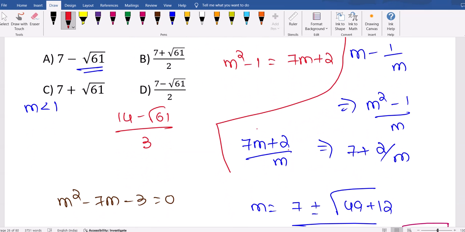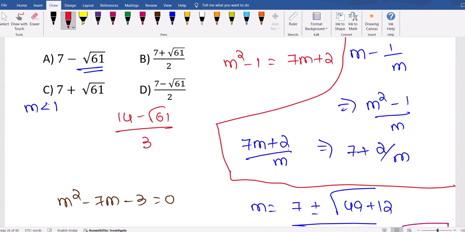We thought of 7 plus something, but okay, m can be negative. M can be negative, it may reduce the value. M is negative means minus 2 divided by some value. 7 minus also possible, 7 plus also possible. So that initial analysis, what I thought of is 0 to 1.